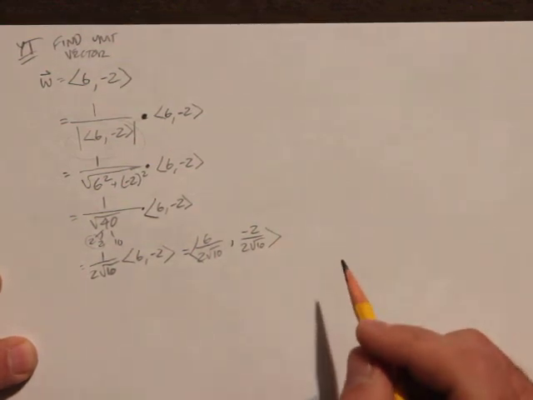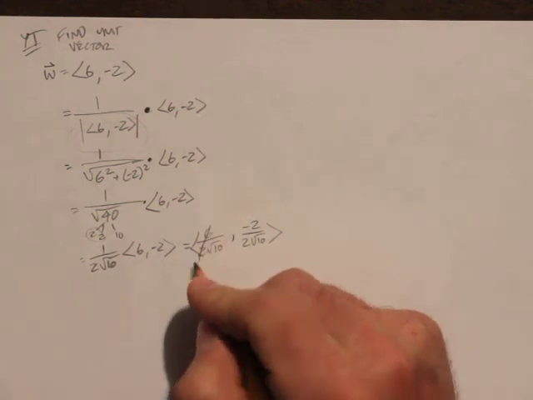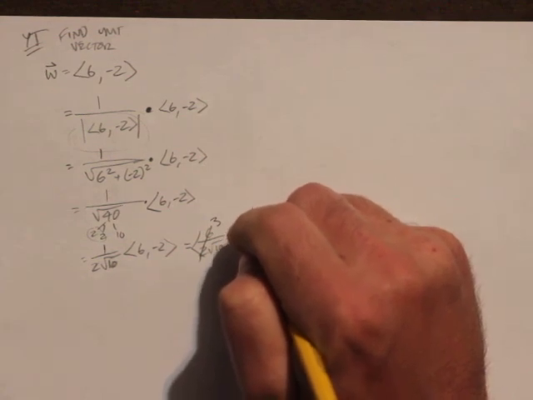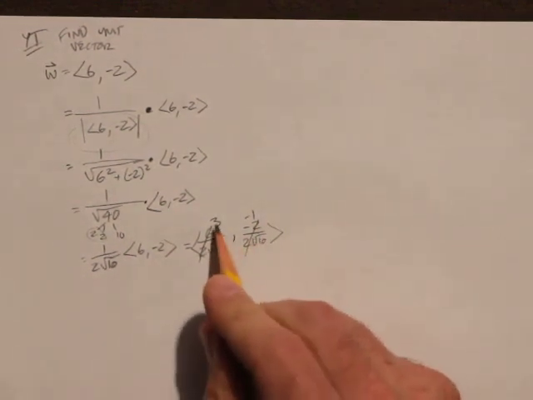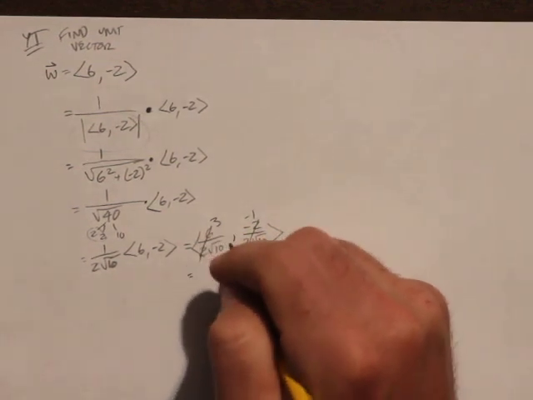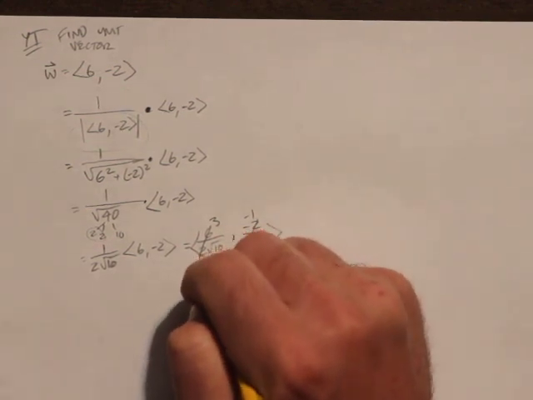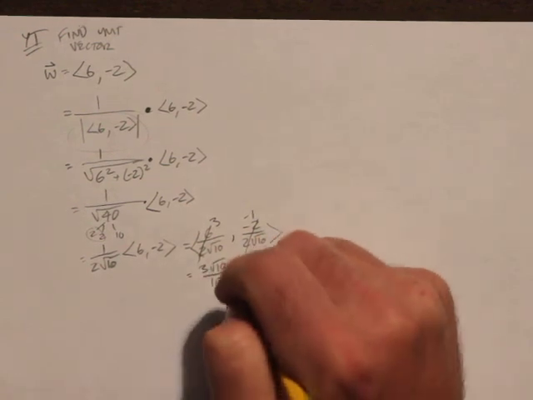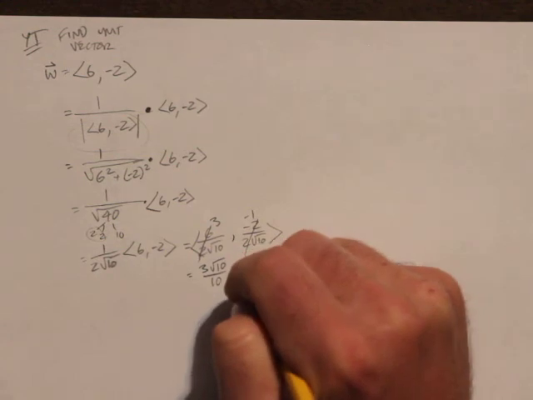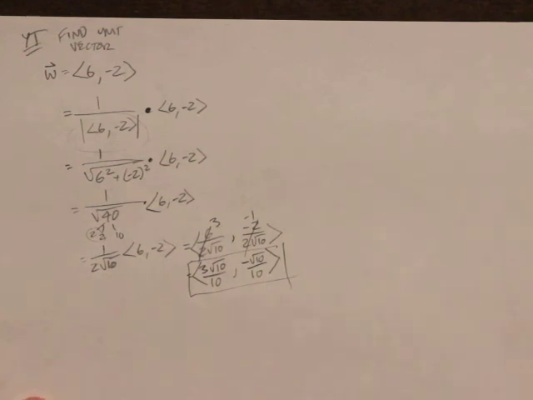Let's rationalize the denominator and simplify. 6 divided by 2 is 3, 2 divided by 2 is 1, so I've got 3 over the square root of 10 and negative 1 over the square root of 10. Multiplying each by square root of 10 over square root of 10, I have 3 square root of 10 over 10, and negative square root of 10 over 10. Put that in vector notation. There it is.